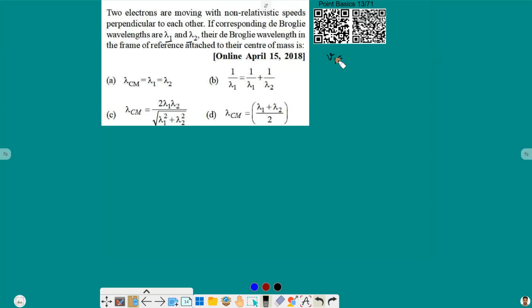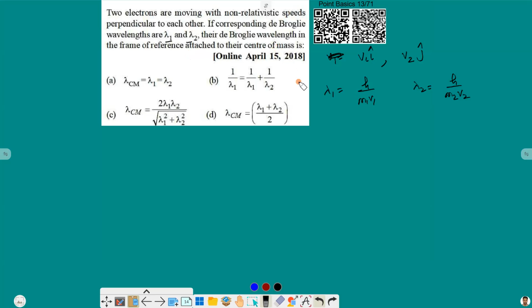So let's say the first one is moving in the x direction and the second is moving in the positive y direction with velocities v1 and v2. So lambda 1 will be h by m1 v1 and lambda 2 will be h by m2 v2. Here we have to find the de Broglie wavelength in the frame of reference attached to the center of mass.